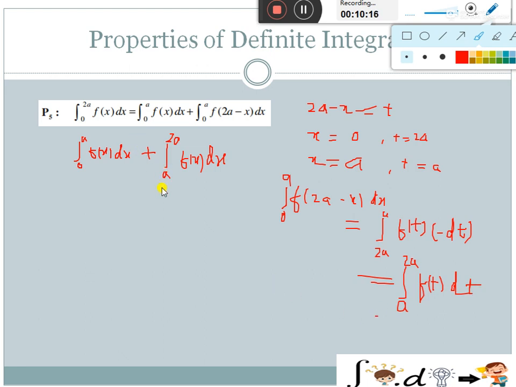That means we can write this as a to 2a fx dx. Is it clear? That means in the second integrand both will be the same. That means we have 0 to 2a fx dx is equal to 0 to a fx dx plus 0 to a f of 2a minus x dx. Is it clear to everyone?